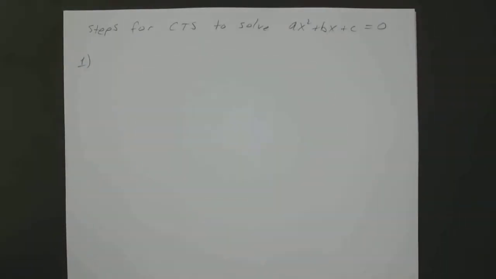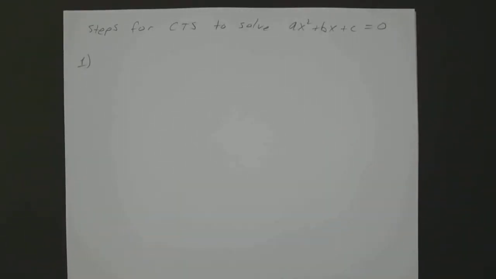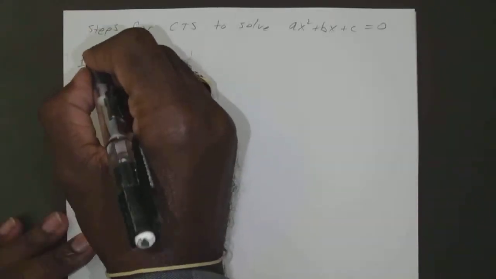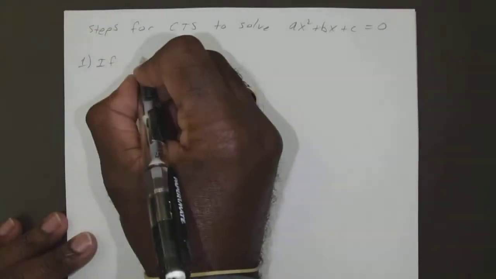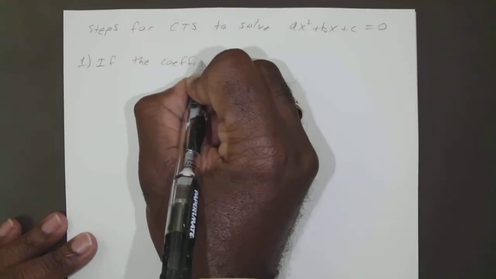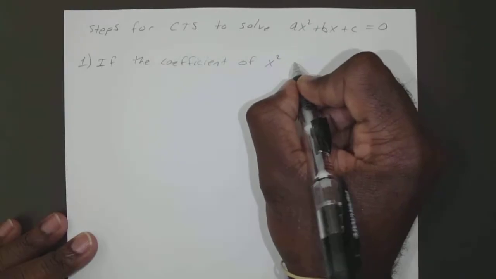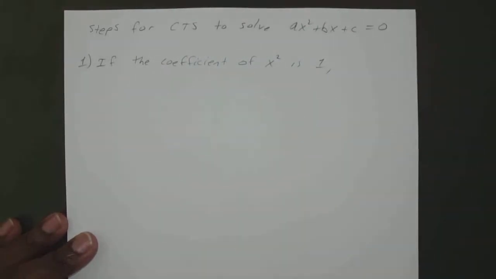If your a is any number other than 1, you then want to divide every term by that, so the x squared just has a coefficient of 1. So if the coefficient of x squared is 1, you just go right to step 2.